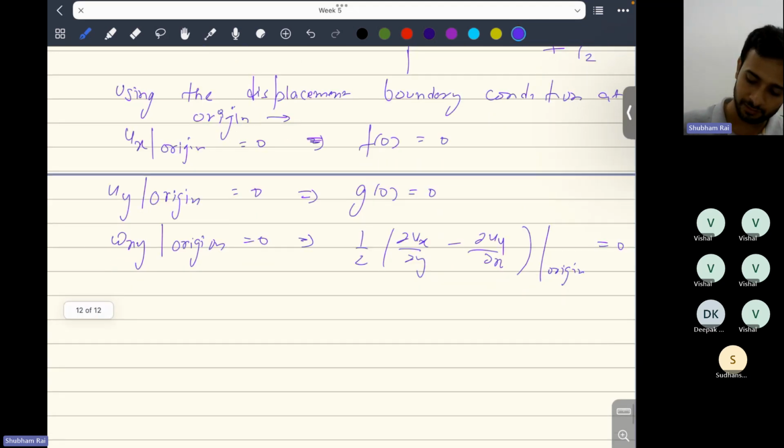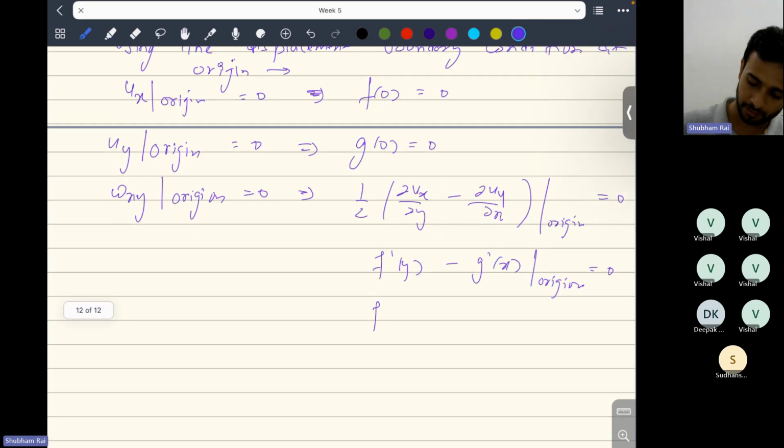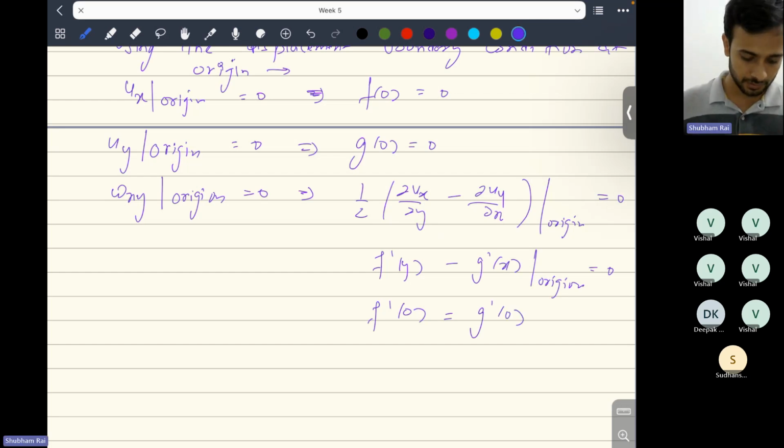So del ux by del y is nothing but f prime y, and del uy by del x is nothing but g prime x. So both at origin are 0, right? It means your f prime 0, because x is 0, y is 0, should be equal to g prime 0, right? So these are three conditions.